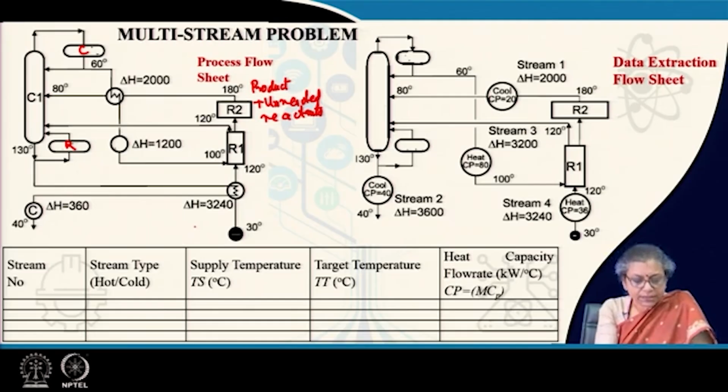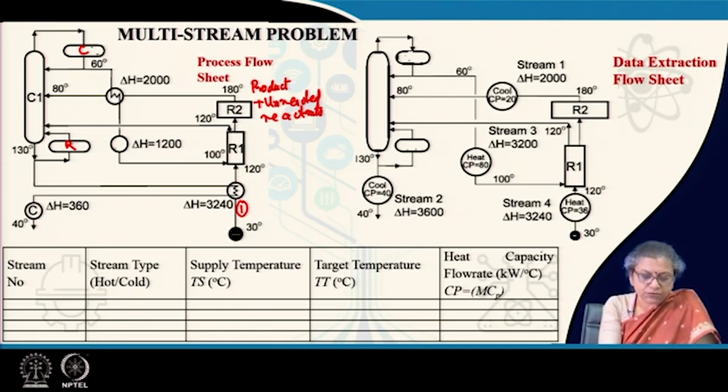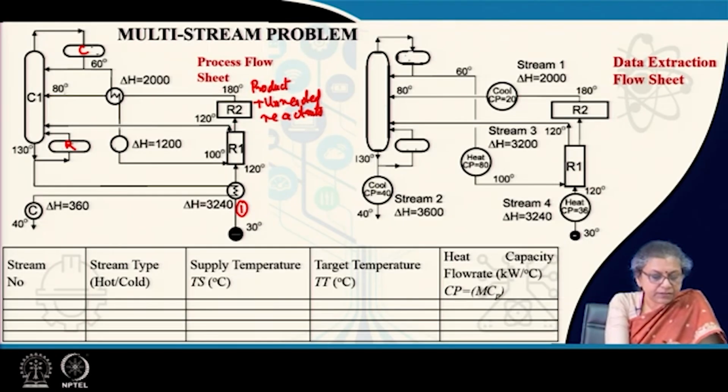So, what are the streams that are there? One stream is the feed stream, definitely, if we can name it. The other stream which goes from here to here, since I can consider this to be integrated, I do not differentiate the two. Then there is another stream which goes from the reactant to the distillation column. So, this is one particular stream.